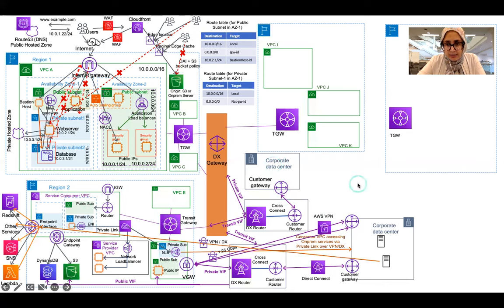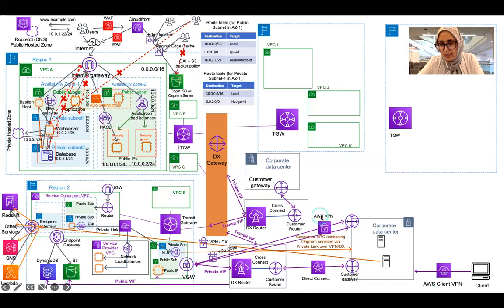Okay, and then let's see what else I have. So I'm just adding the AWS Client VPN in here. A client VPN is basically if you have an employee who wants to work from home, but they have to access your corporate data centers, then you want to give them a specific VPN connection. I won't go into details, but it's different than a site-to-site VPN.